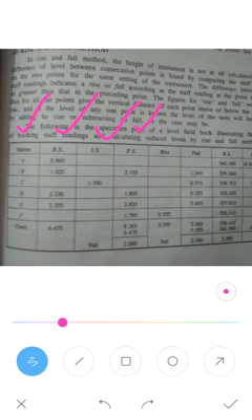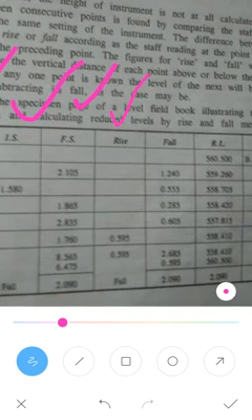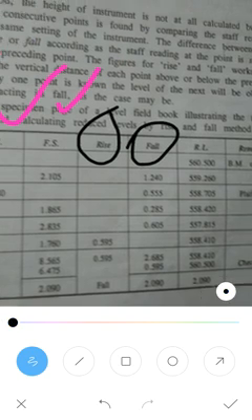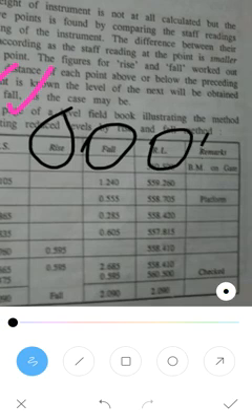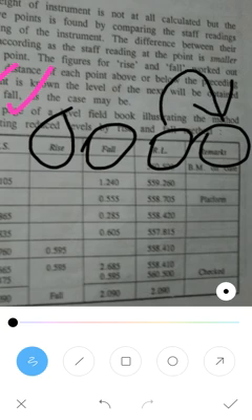Next, in addition, you have to use columns for rise and fall, RL, and remark. These additional columns you have to write down.